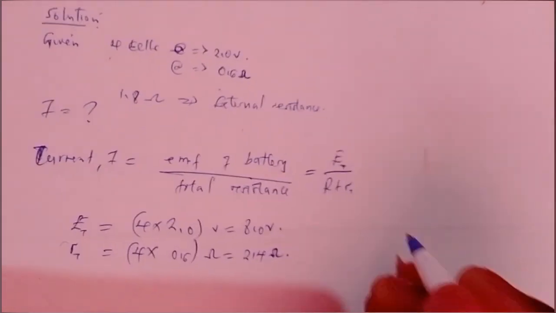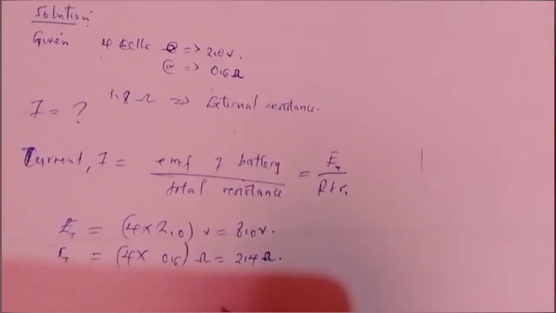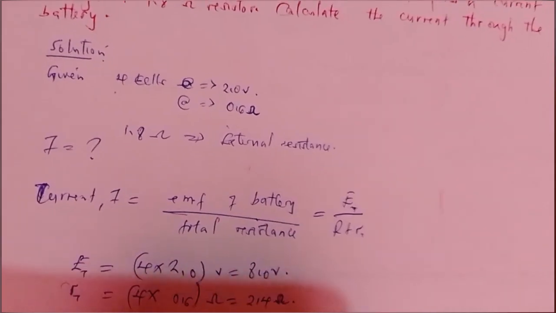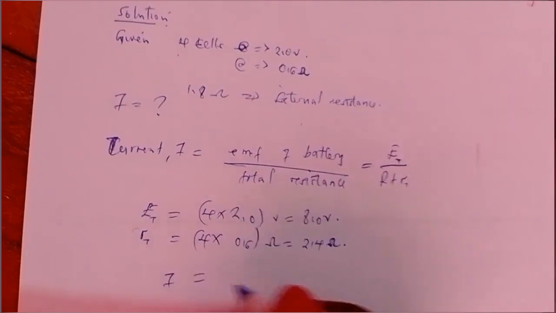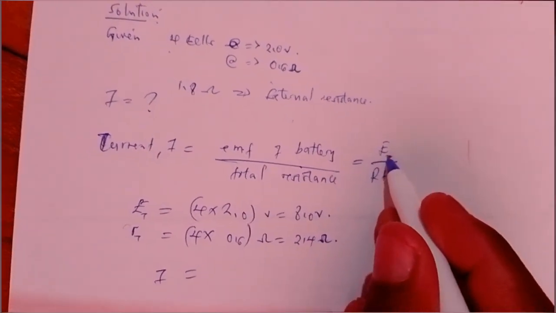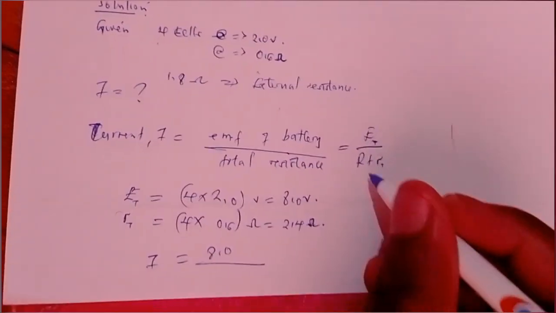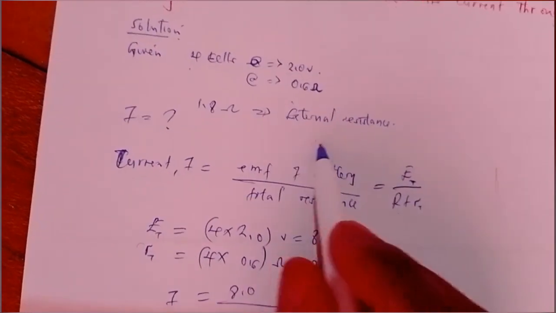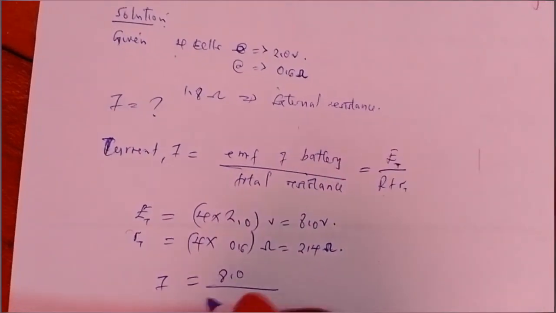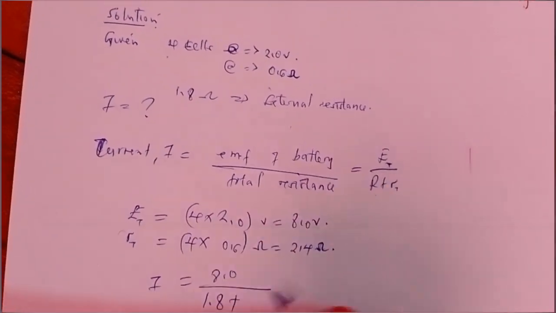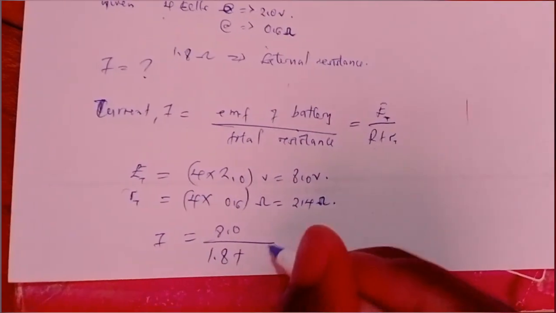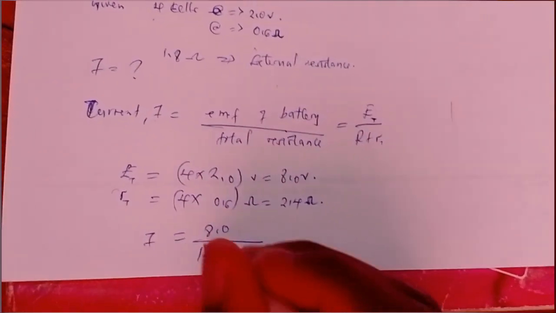And now the current through the battery, I, will be given by the total EMF 8.0 over R, this is the external resistance, 1.8 plus the total internal resistance 2.4 ohms.